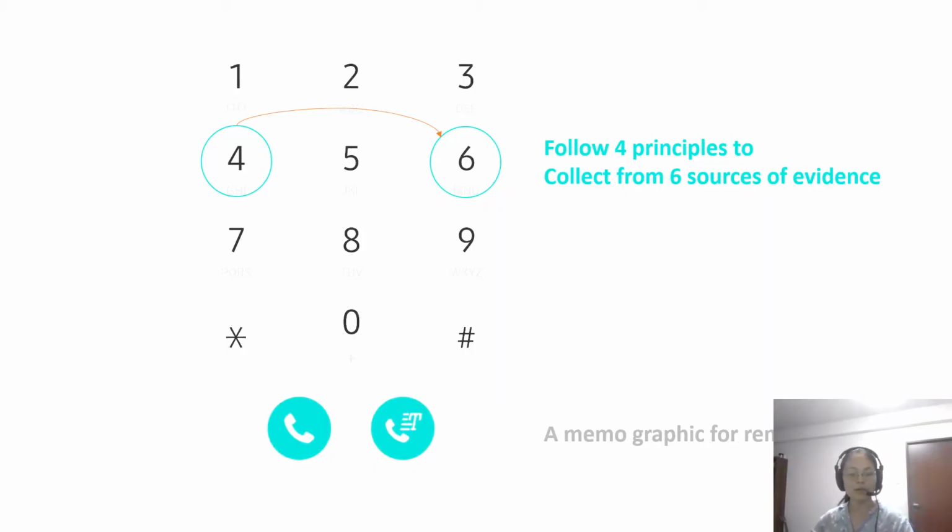If you can relate, I would like to help you relate better with these 4 principles and 6 sources of evidence by using the phone's dial pad. You can imagine number 4 to number 6 representing 4 principles, using 4 principles to collect 6 sources of evidence in the field work, as you dial 4 first and 6 as a follow-up.